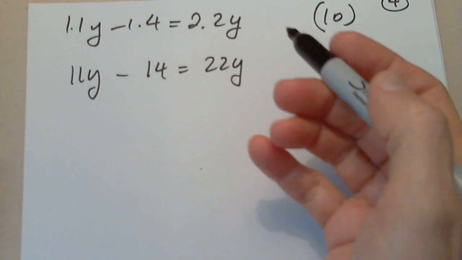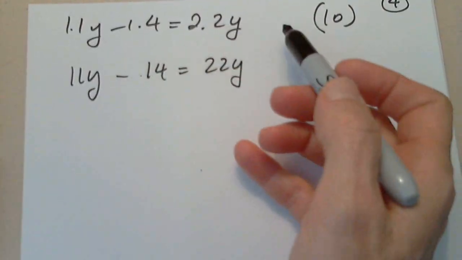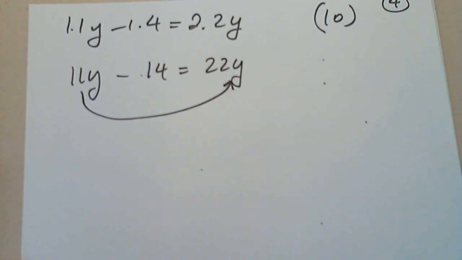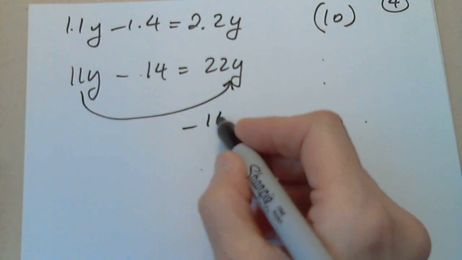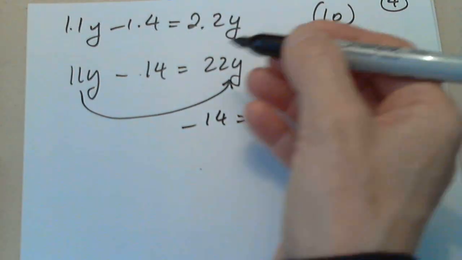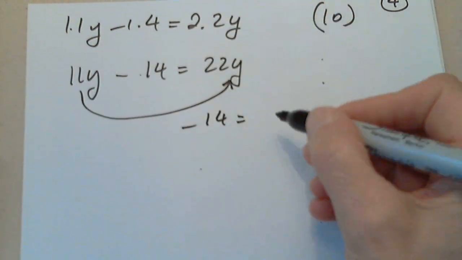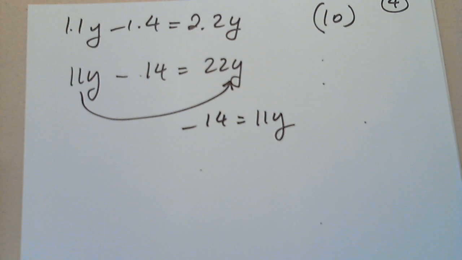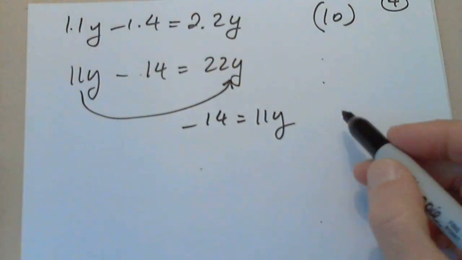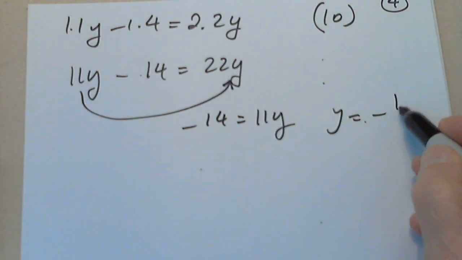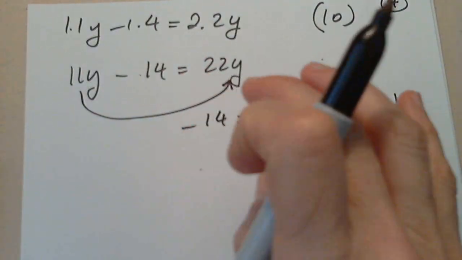Because I don't have anything else to move to the other side, I will keep the variable this time on the right. It doesn't matter. The solution will be the same. So the left-hand side is negative 14. But from 22y, I subtract 11y to get 11y. And it's final. I divide negative 14 by 11. I divide a negative by a positive.